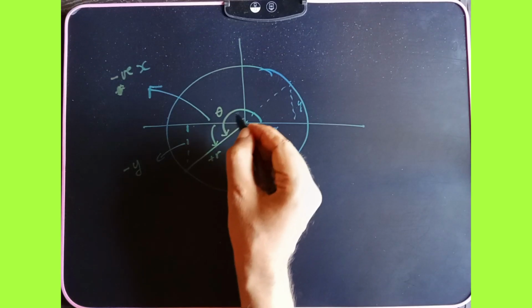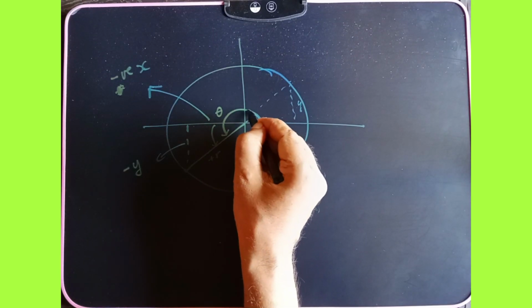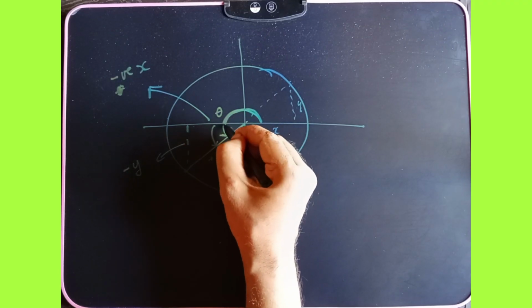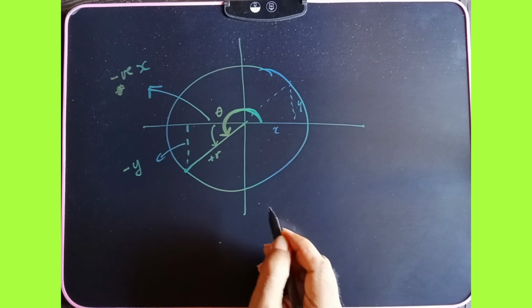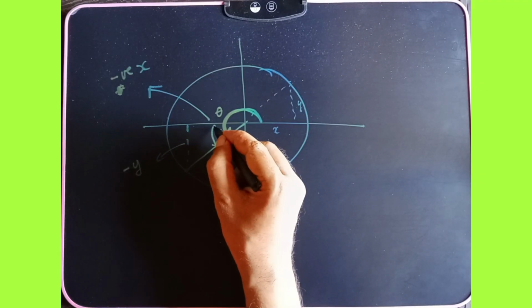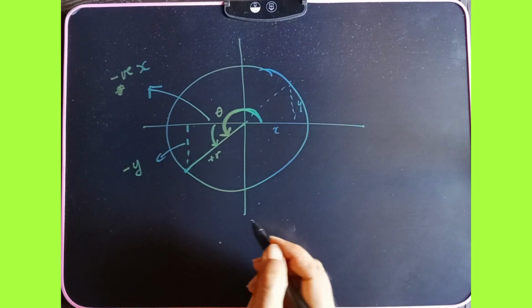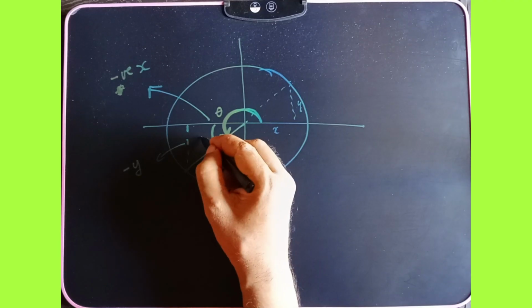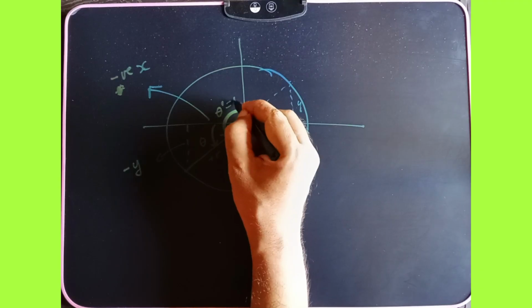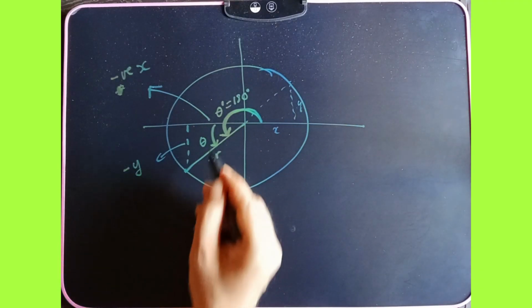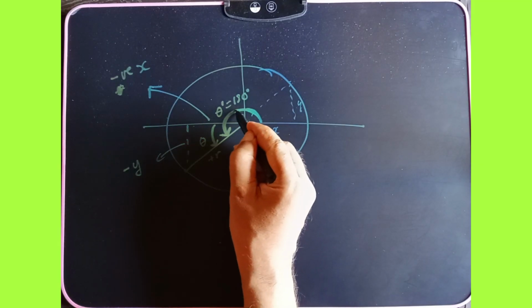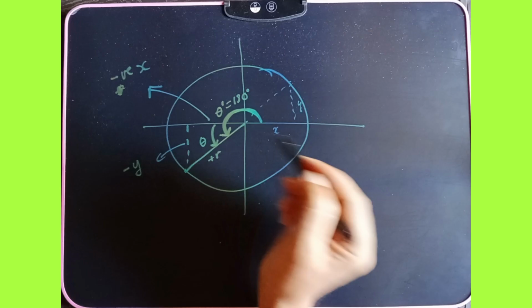This complete angle here, whatever it is making from here to here, instead of calling it theta, can I say 180 plus theta? This is theta and this is 180. So this complete angle from here to here is actually 180 plus theta.